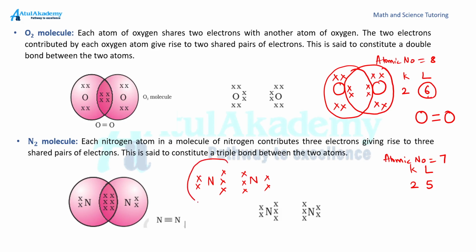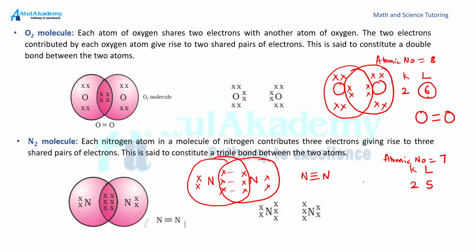So it will take these 3, and this nitrogen will also take these 3. If you see, we have 3 pairs of electrons being shared, which we represent by 3 lines, and that becomes a triple bond. So the N2 molecule has a triple bond. This is how the electron dot structures of the hydrogen, oxygen and nitrogen molecules look.